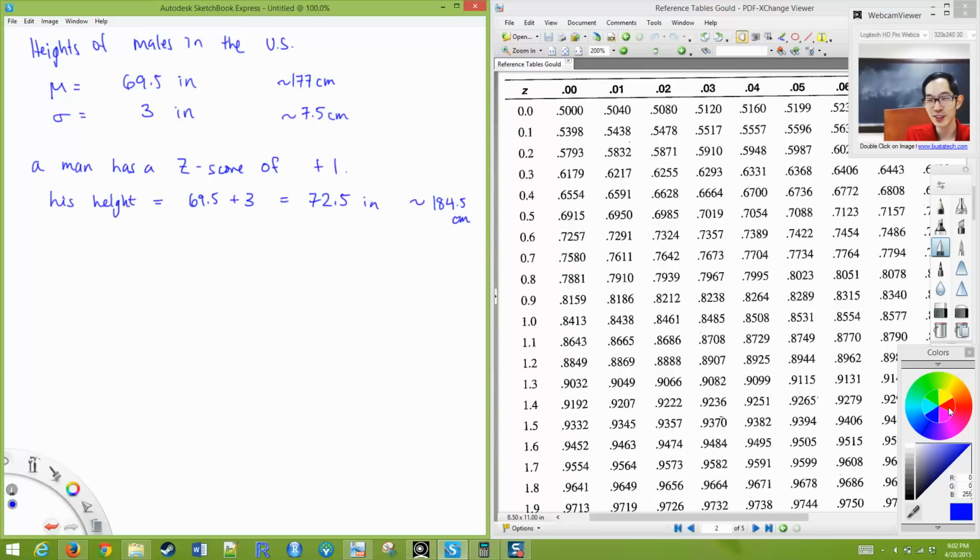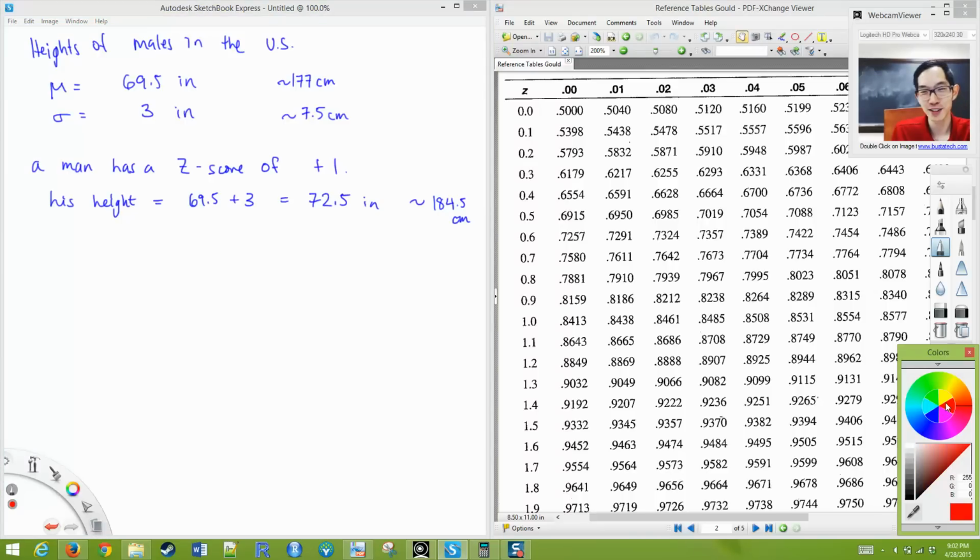Okay, SAT is a standardized test. For any one section, let's say the verbal section, it has a mean of 500 and a standard deviation of 100.